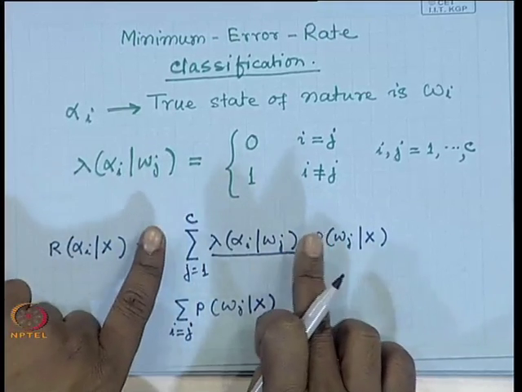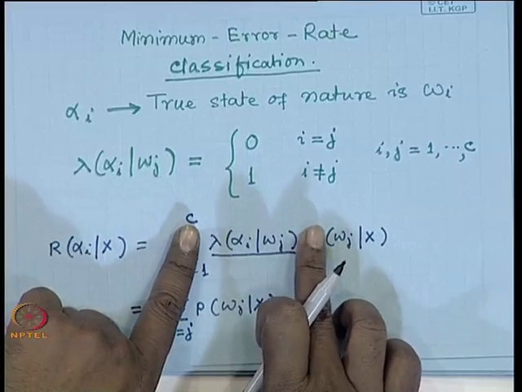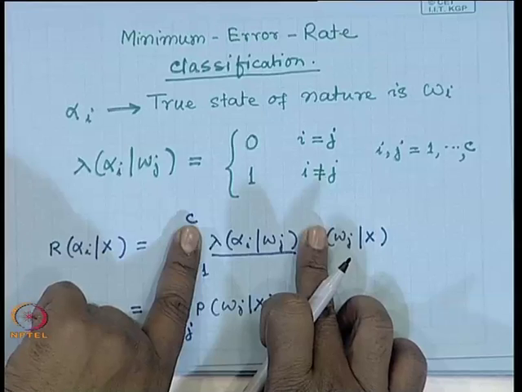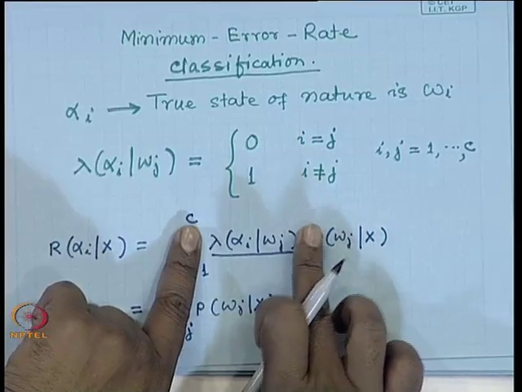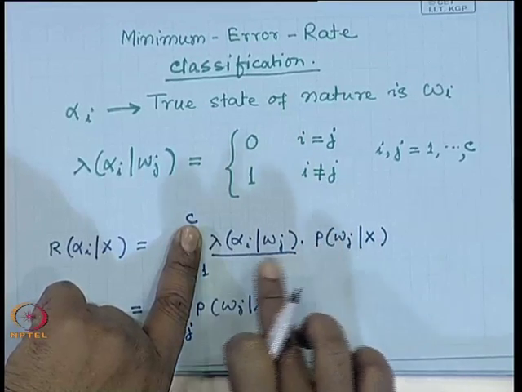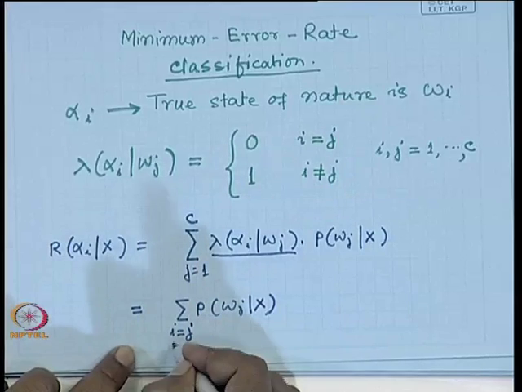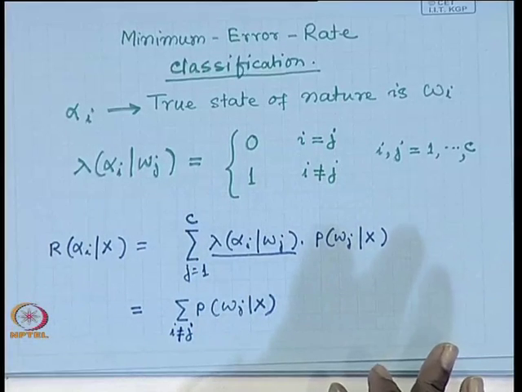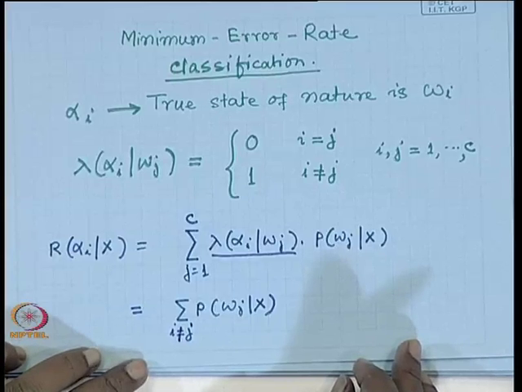Sorry, wherever I was not equal to j, this summation lambda alpha I given omega j equal to 1, and wherever I was equal to j, this was equal to 0. So, this summation will be wherever I is not equal to j, right.